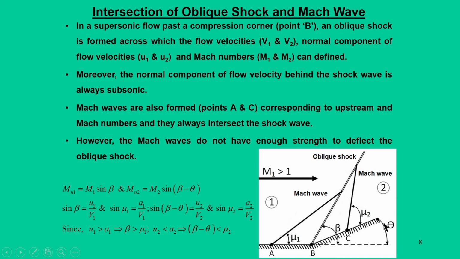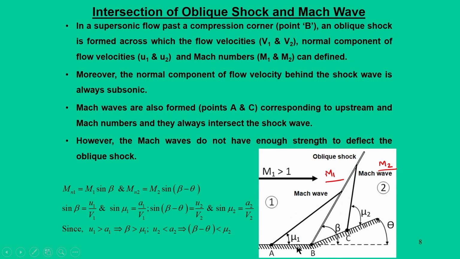Because of these regions, the Mach numbers can be written as M1 and M2. Now, one can find the Mach angle with respect to M2 and M1.